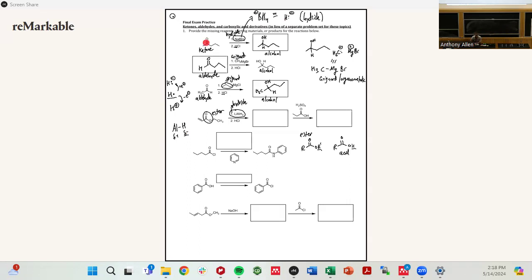So if a ketone gets one equivalent of a hydride, how many equivalents of a hydride does an ester get? 2. That's a really important thing to know for the test, that carboxylic acid derivatives can get 2 equivalents of a hydride or of what?